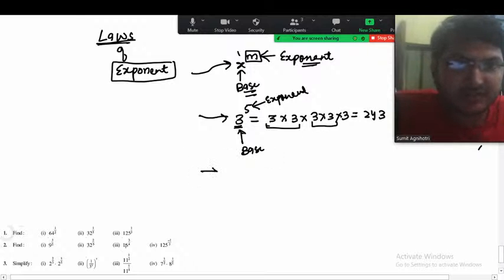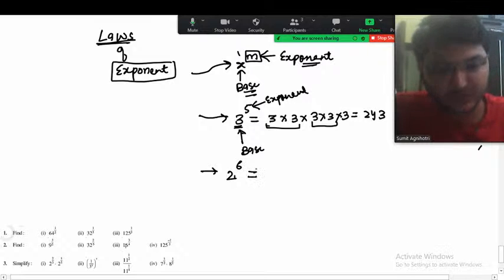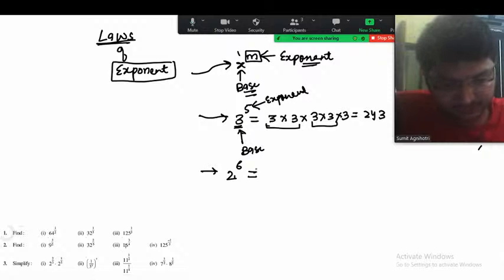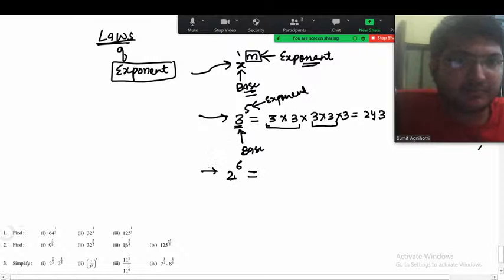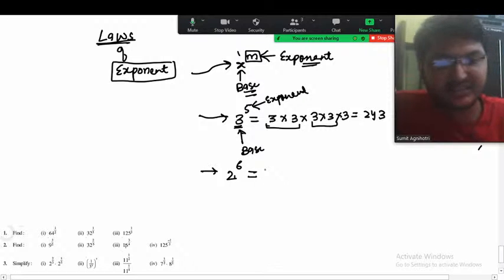Let's say I want you to figure out the value of 2 raised to the power 6. Can you tell me the value of 2 raised to the power 6? Here the base is 2 and the power is 6, that is, the exponent is 6.